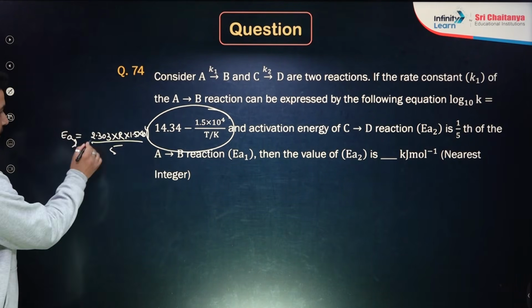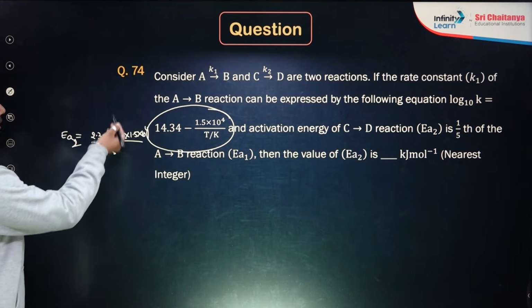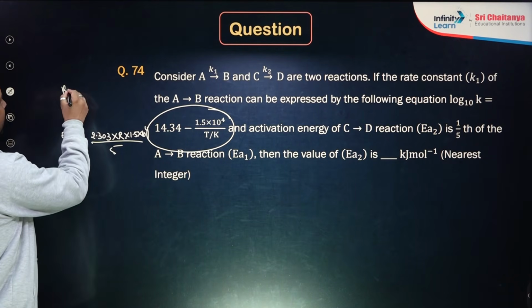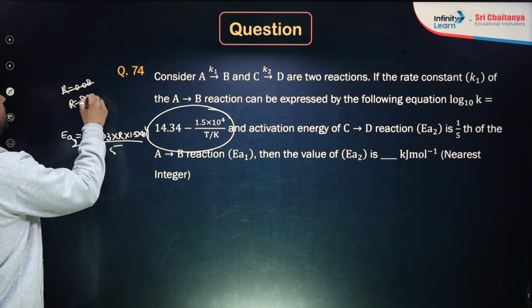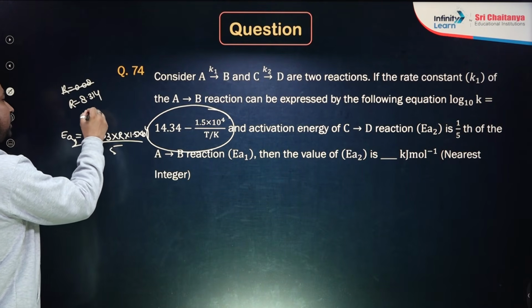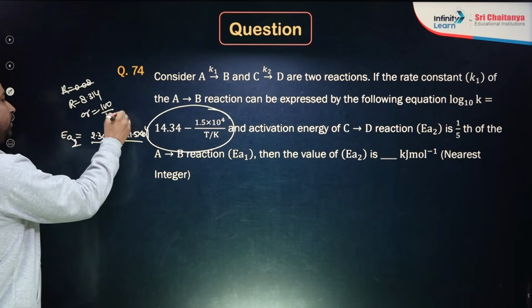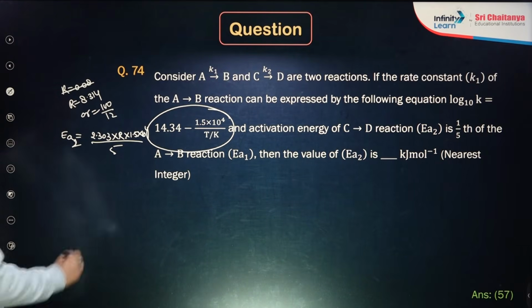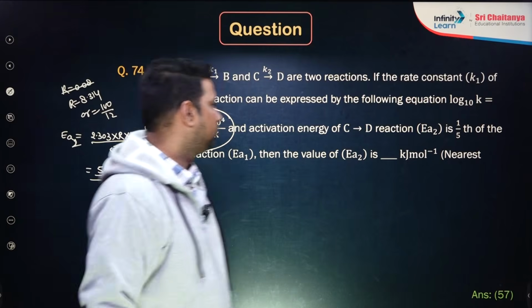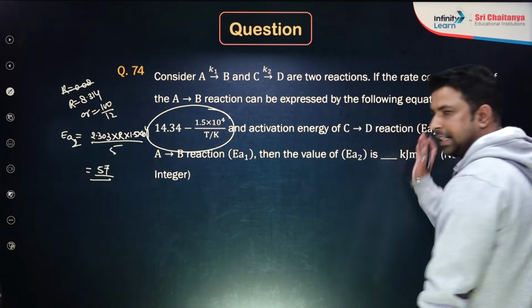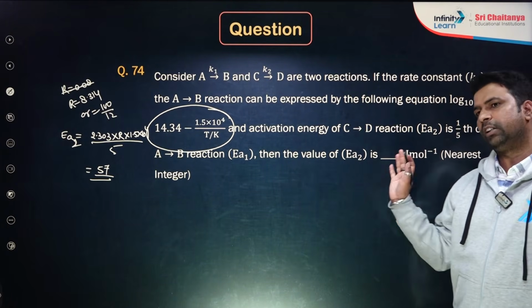Then you can get EA2. If you calculate this, putting the value of R, which can be taken as 8.314, or you can take 100 by 12, the answer will be 57. So in just one line you can solve this question. It was not too difficult, just the sentence was a bit difficult, but the question was very easy.